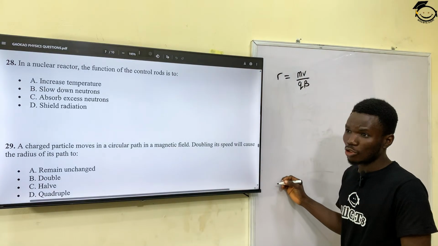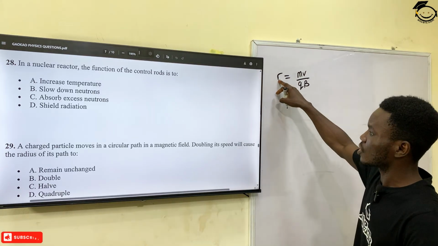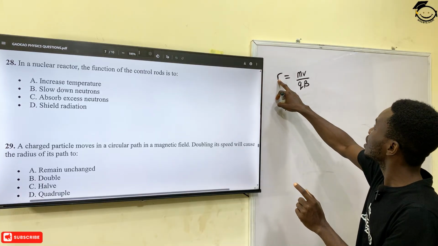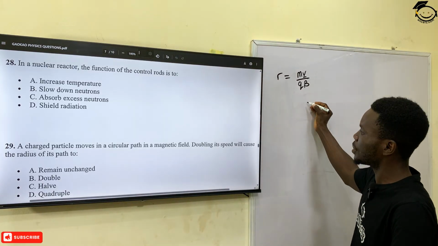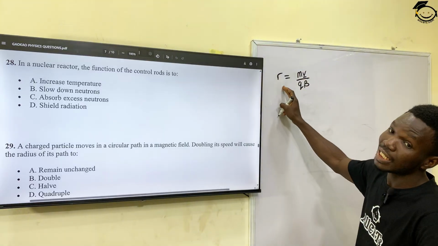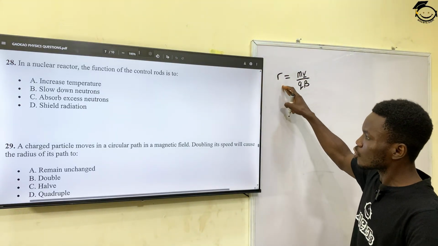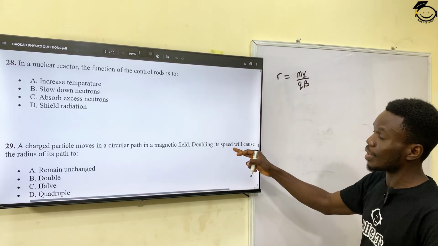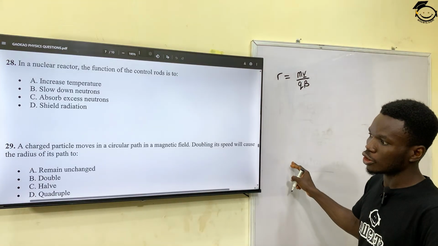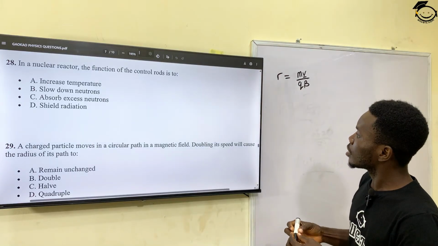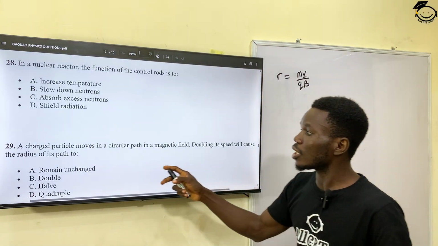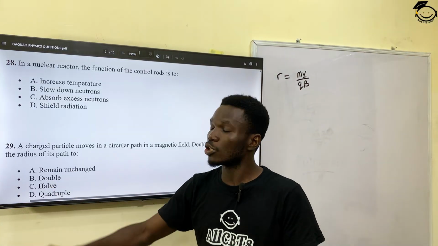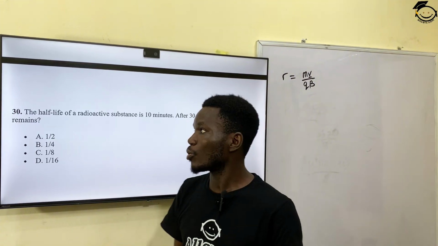So this automatically means that the radius is directly proportional to the speed. If anything happens to the speed, automatically it is reflected in the radius. So if we double the speed, automatically the radius will also double. So the correct answer to the question is B. Moving on, question number 30.